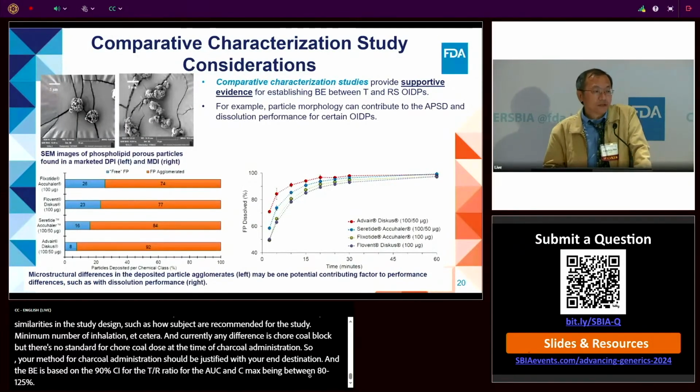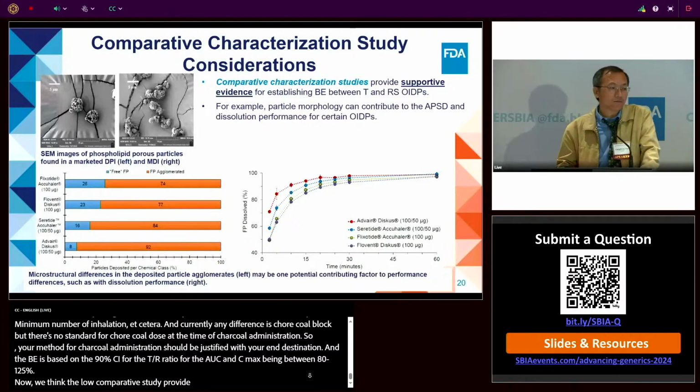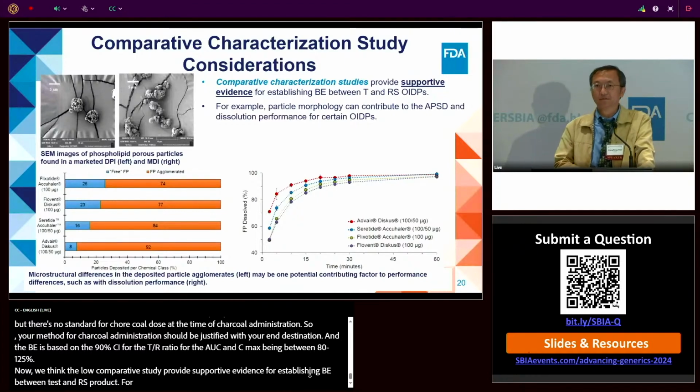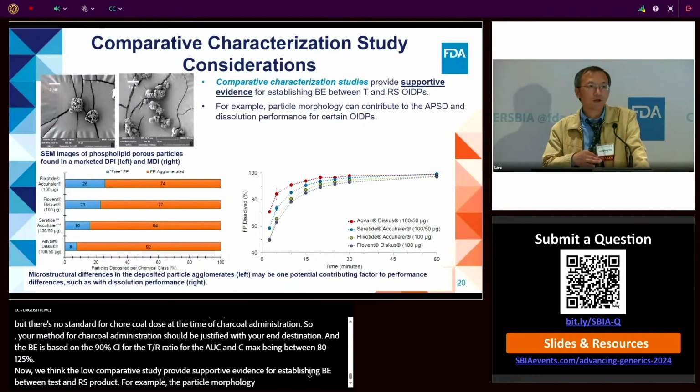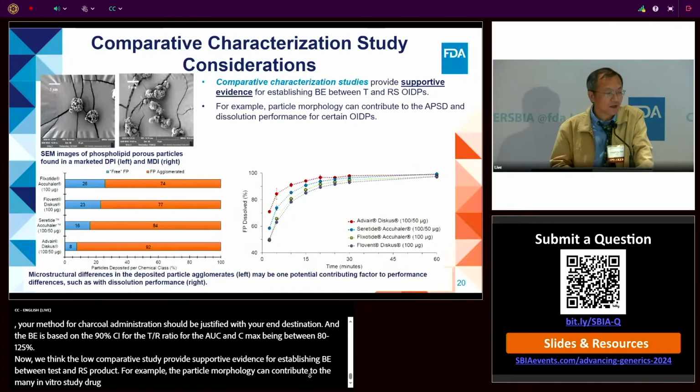Now we think that the role of comparative characterization study provides supportive evidence for establishing BE between the test and the RLD products. For example, the particle morphology can contribute to the meaning of the in vitro study drug performance, such as APSD and the dissolution performance.